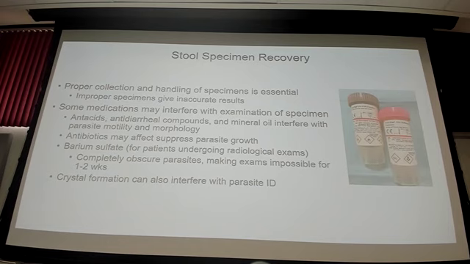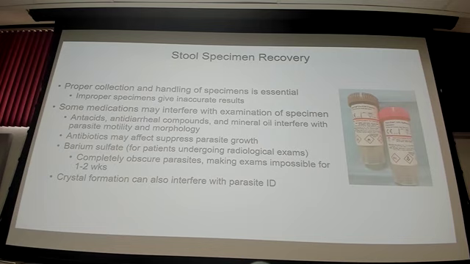So a lot of this is geared towards the clock starting after the person passes that stool specimen. You do not have a lot of time to get that specimen down to the lab and look for those trophozoites for diagnostic purposes. There are a lot of things that can screw up your ability to find and recover, particularly those eggs in O&P exams, ova and parasite exams.